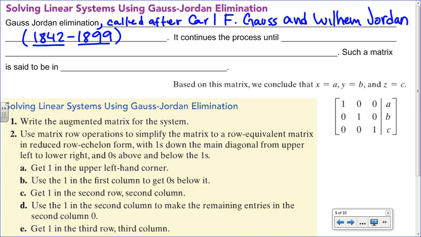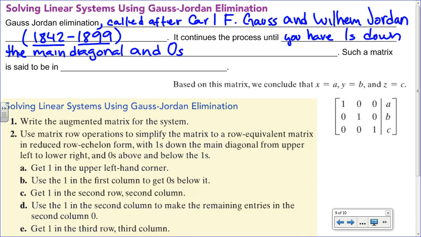It continues the process until you have ones down the main diagonal again, and zeros elsewhere.